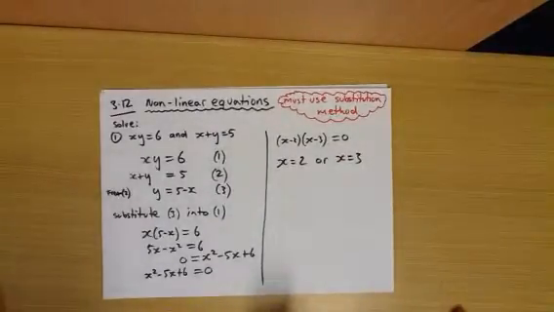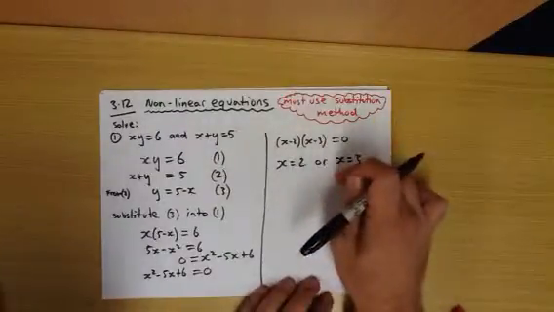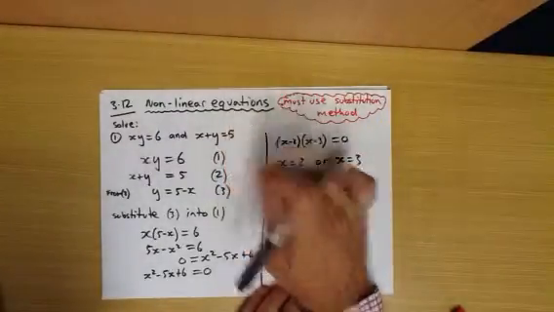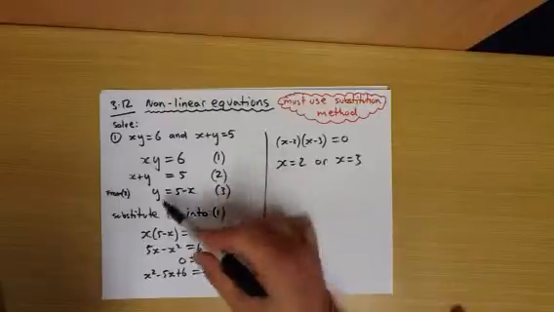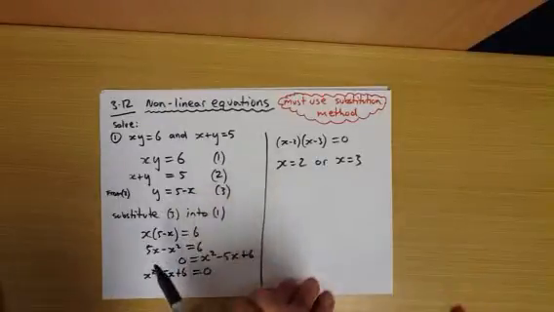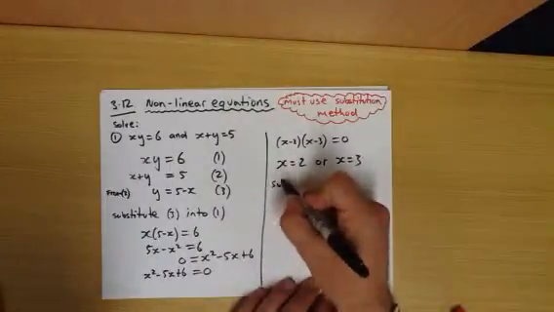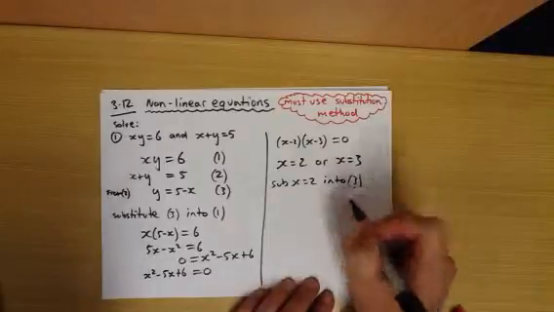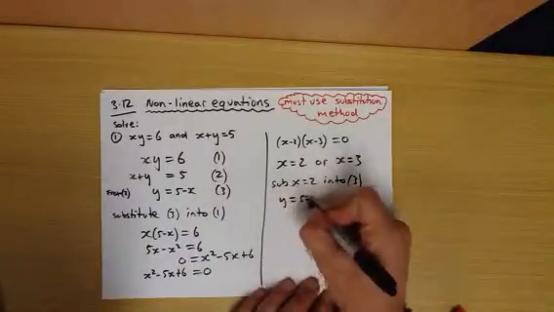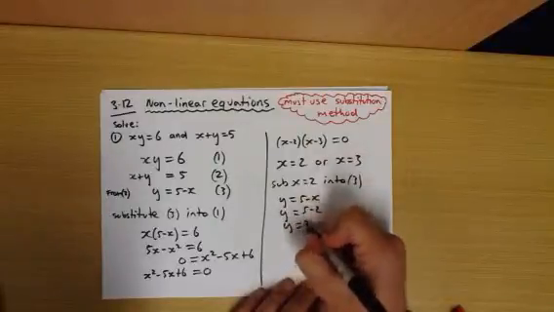Now, the next step is to substitute these two solutions back into one of the original equations to determine the y value. I think equation 3 is actually the easiest one to sub into because the y's there waiting for you. So sub x equals 2 into 3. So y equals 5 minus 2, y equals 3.